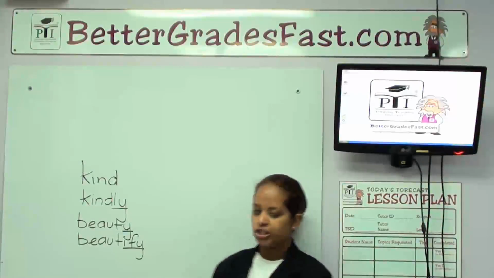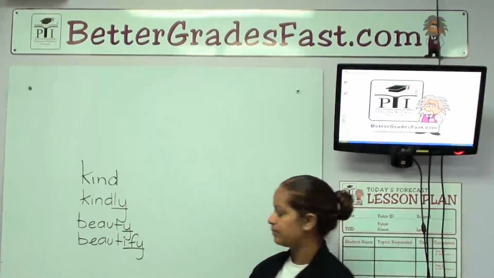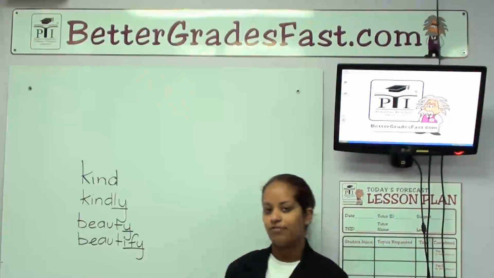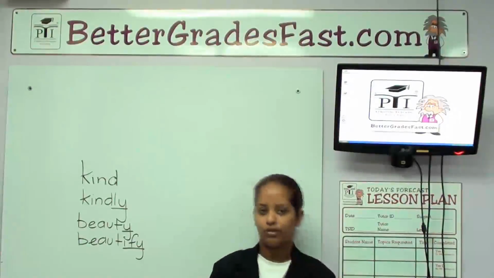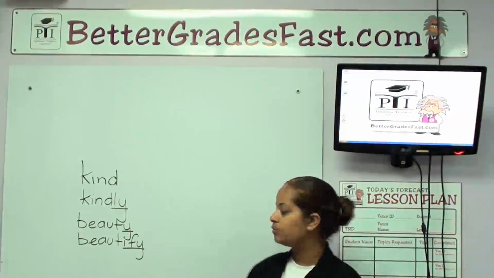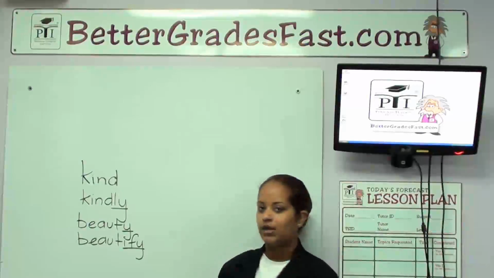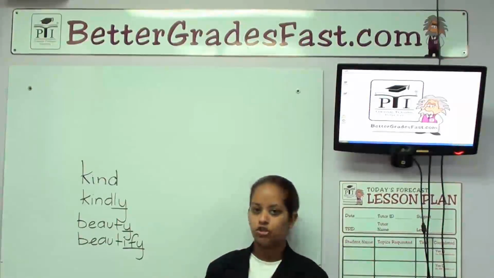There are a few changes like this to consider when adding suffixes. They usually happen if the original word given ends in an E or with a Y. So, when you have words ending in E or Y and you have to add suffixes, remember that there are usually some type of spelling change.